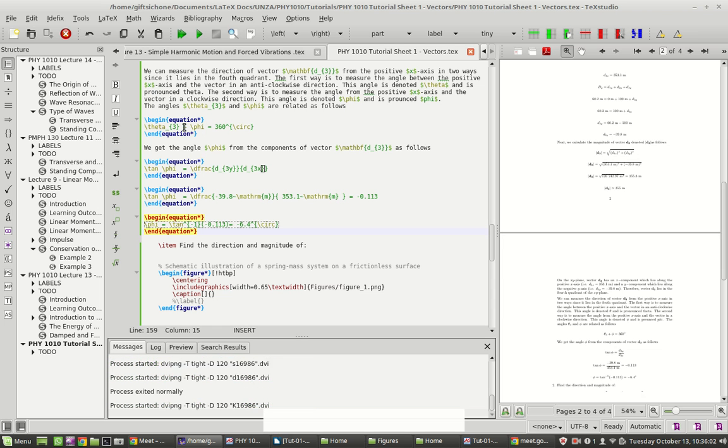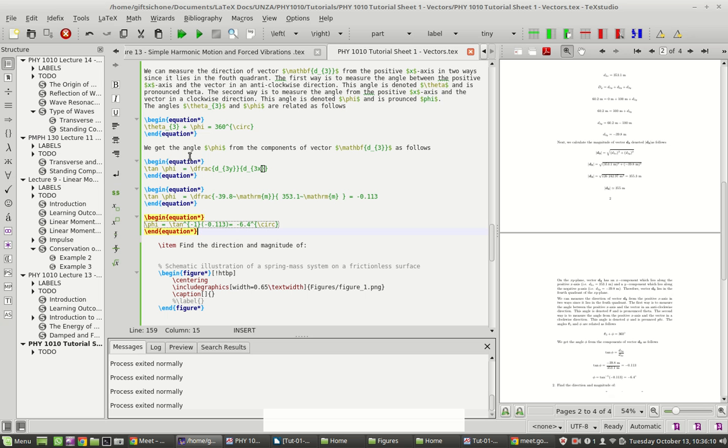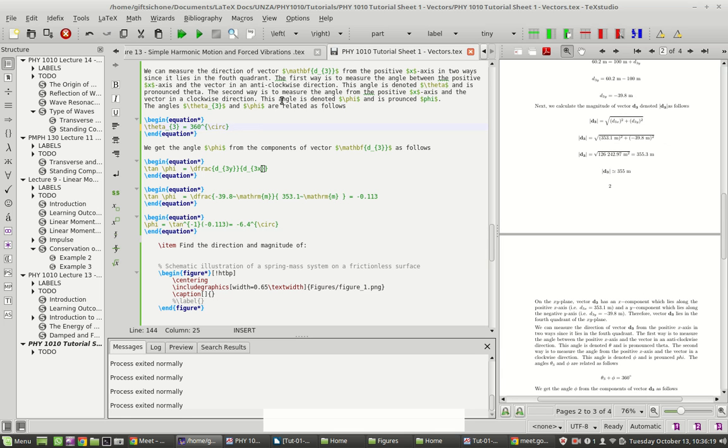No, the equation we have at the top here, we are supposed to rewrite this as follows. It's supposed to be theta equals 360 degrees plus phi.